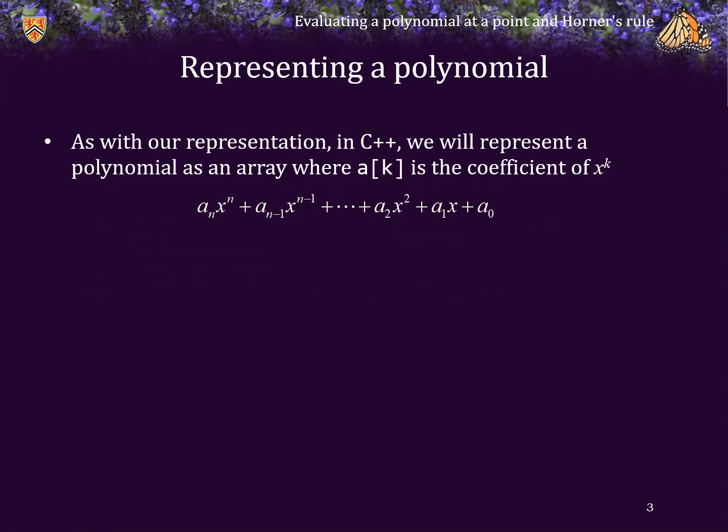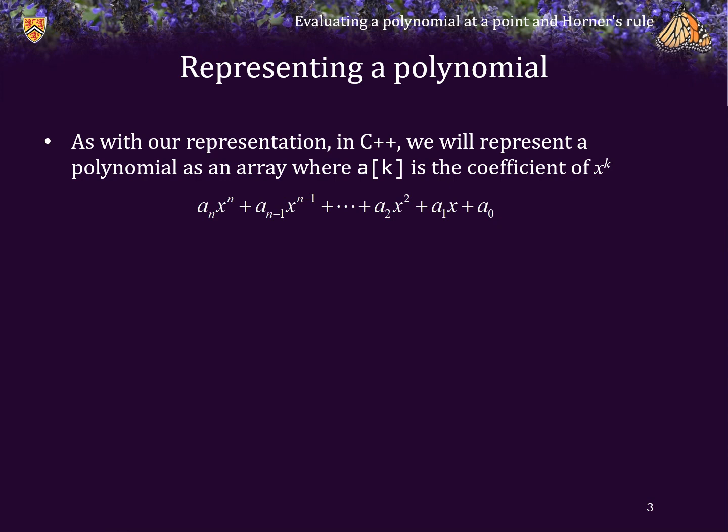Now, the way we are going to represent polynomials in C++ is the same way that we represent polynomials when we show the coefficients. So the index of the coefficient equals the power of the term.